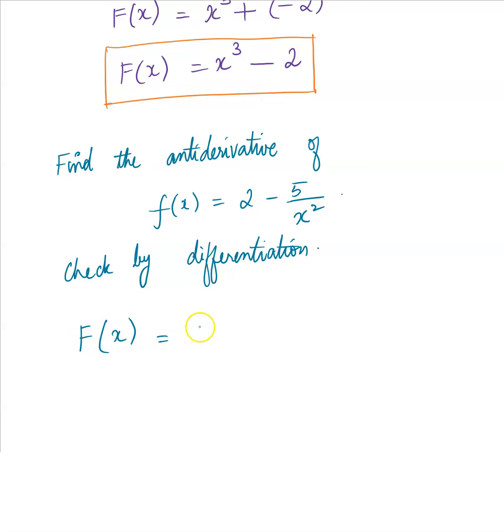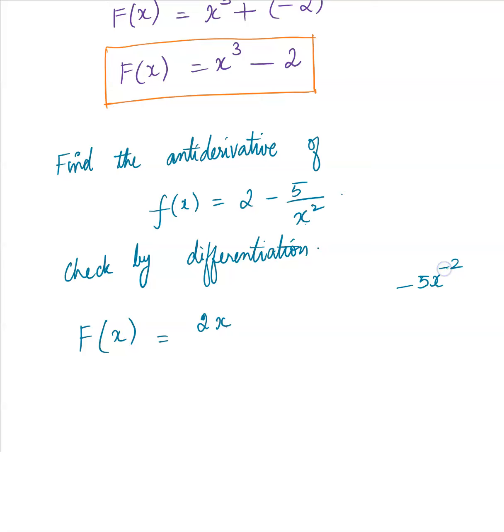I'm thinking, if I got back just the 2 after differentiation, that means there was probably a 2x. So the derivative of 2x will be 2. This is again guesswork. Okay, this minus 5 over x squared, we've done these kinds of problems, therefore it's kind of easy for us to determine it. If not, it's going to be challenging.